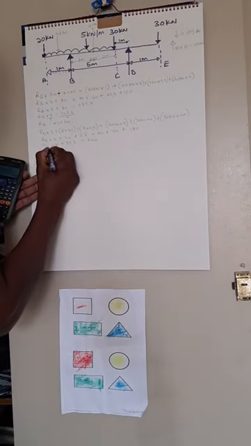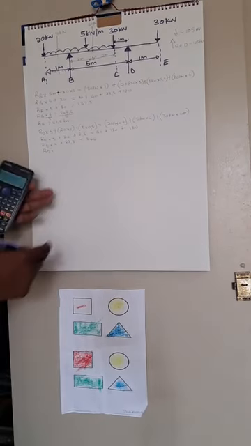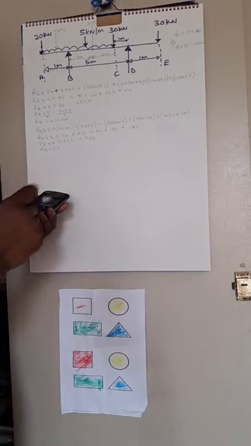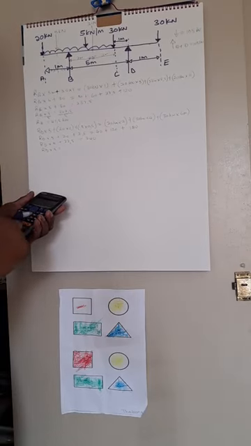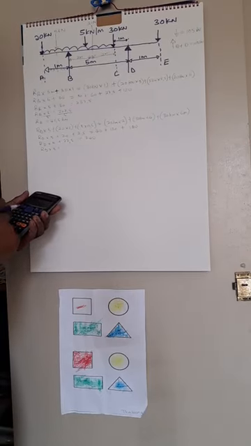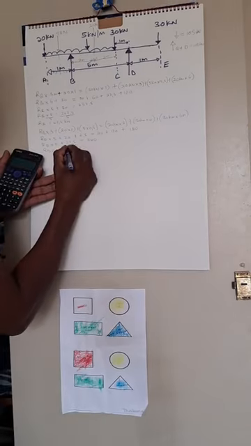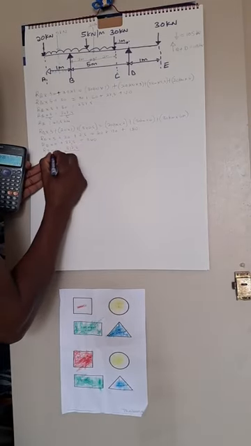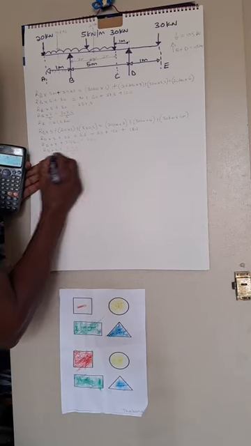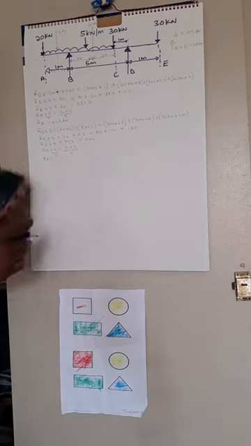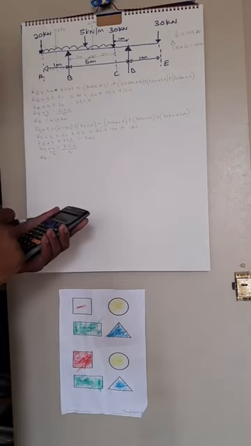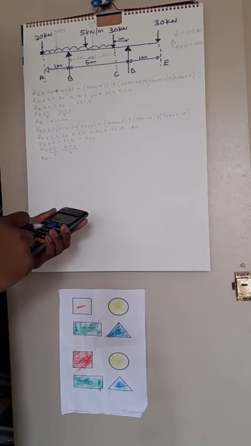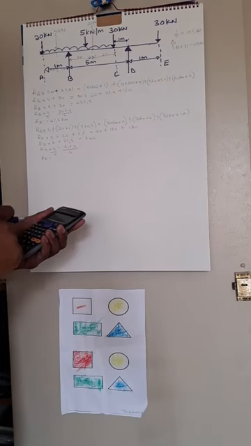So therefore reaction at D times 5 equals 340 minus 22.5. We are getting 317.5. Divide both sides by 5. So reaction at D is 317.5 divided by 5.